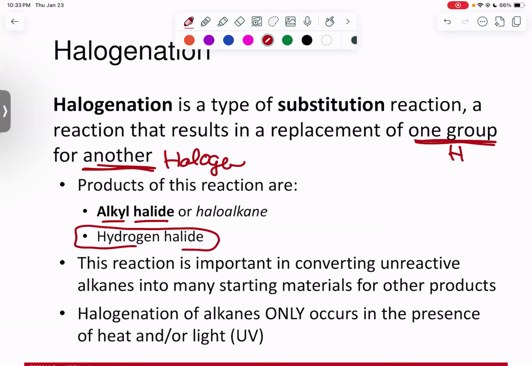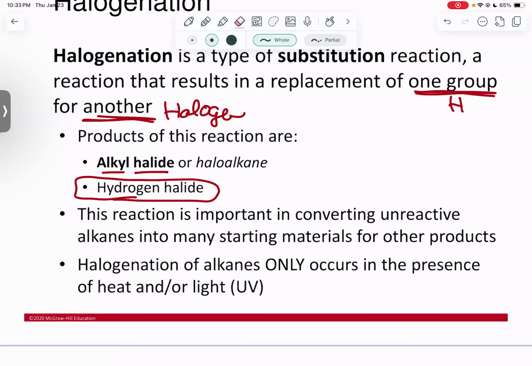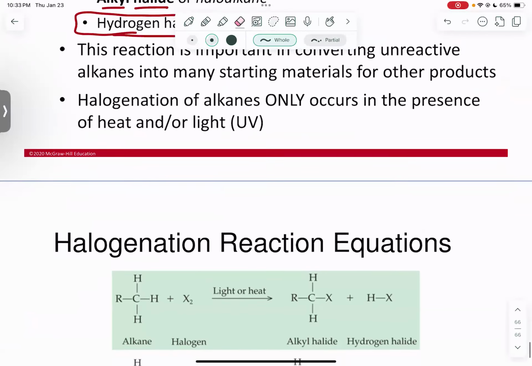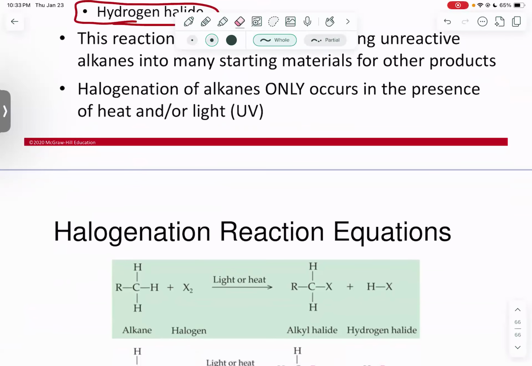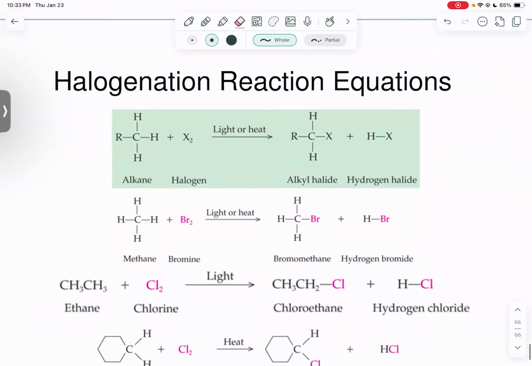We're also going to make a hydrogen halide, like HCl. Halogenation is not a reaction that we typically do in our bodies, but some of the drugs that we use on patients need to be halogenated, and we'll talk about that later. But halogenation doesn't occur by itself. You need a catalyst like heat or UV light to make it happen.